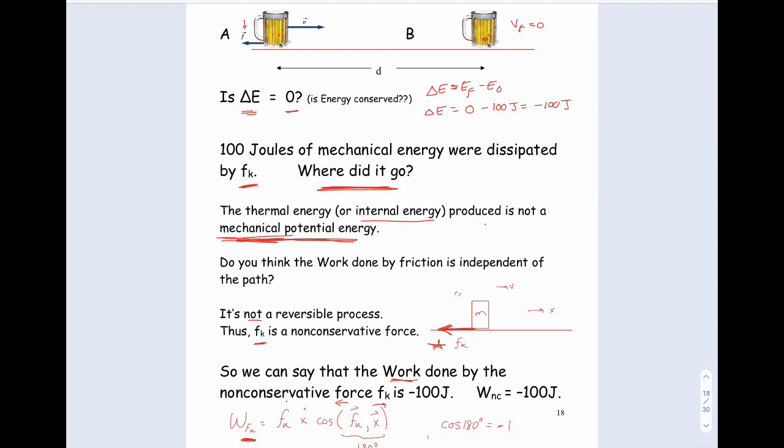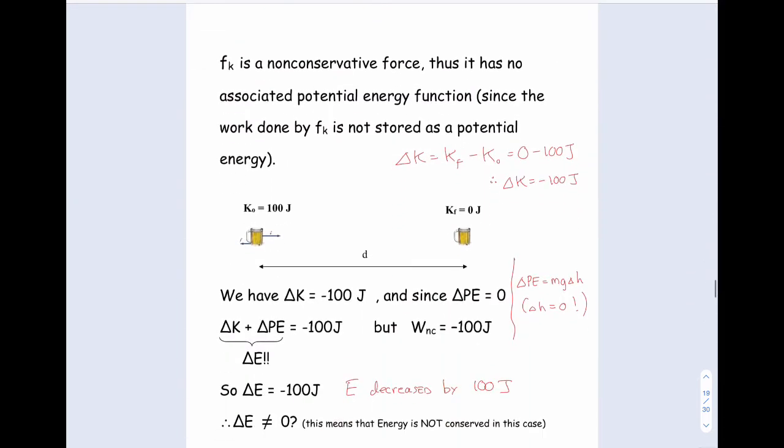The cosine of 180 degrees on a calculator is minus 1. Any force that's opposite to the direction this thing is going is going to do negative work, because the cosine of any angle bigger than 90 degrees is negative. So the work done by friction in that case is negative.